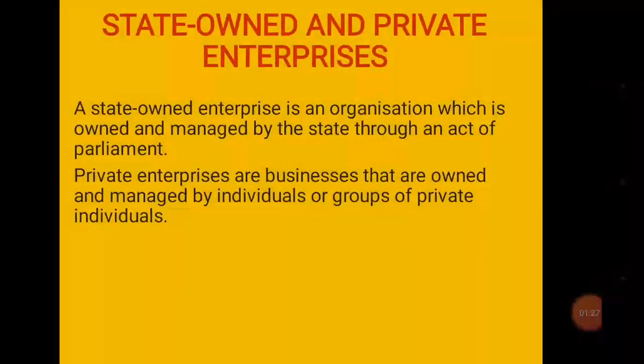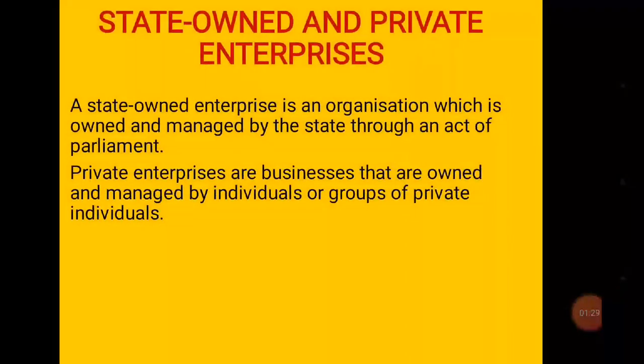Quickly, we have already looked at state-owned enterprises and private enterprises as defined. But as a reminder, a state-owned enterprise is an organization which is owned and managed by the state through an act of parliament. So, any organization that is established through an act of parliament and is owned and managed by the state is a state-owned enterprise.